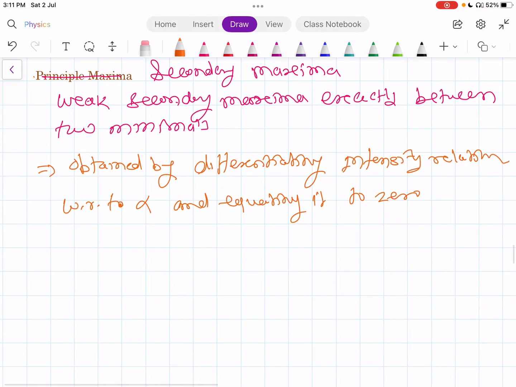So we have the intensity equation here, which is IR equals to Im sine square alpha upon alpha square.